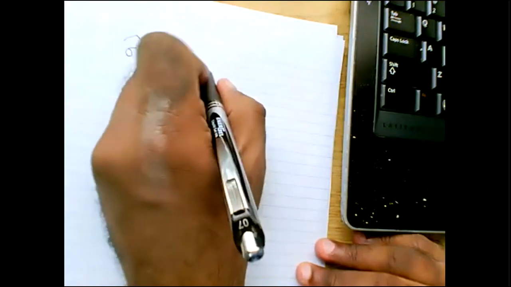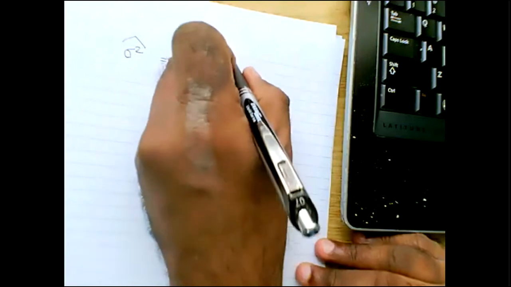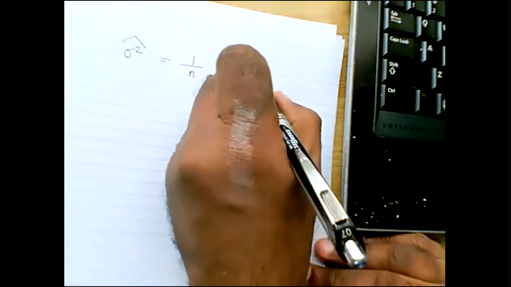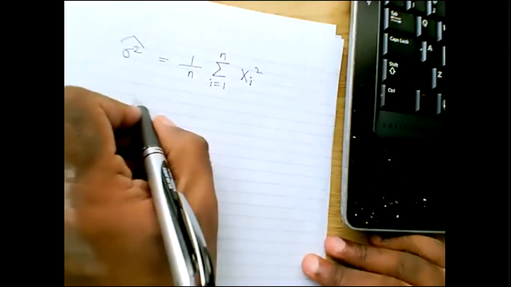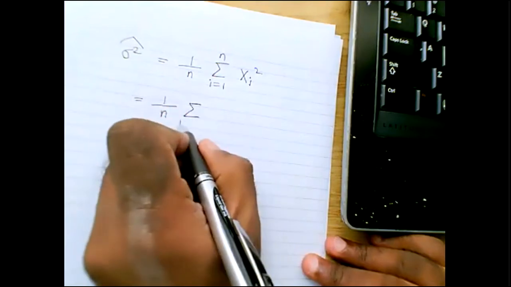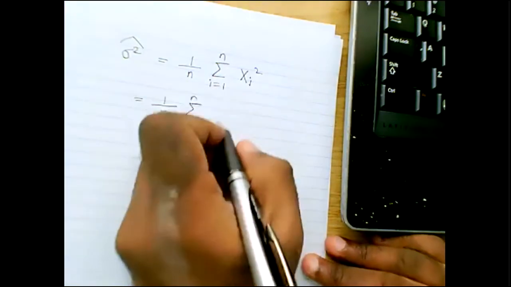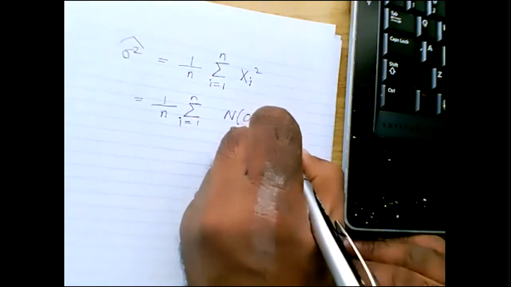So the estimator that we have is 1 over n times the sum from 1 to n of xi squared, right? Now, in part 2, we are told that xi is normal with parameters 0 and sigma squared.